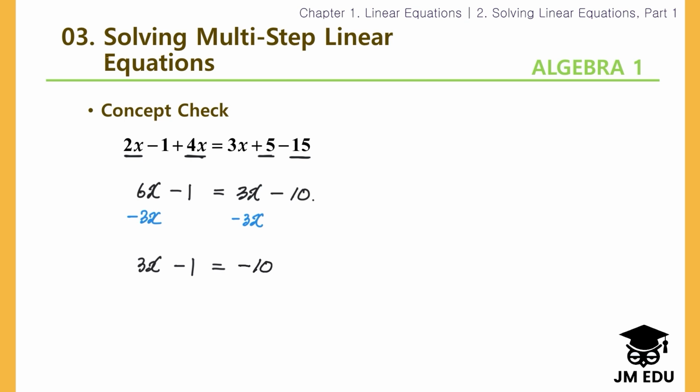Next, I'm going to add 1 to each side to eliminate this minus 1. So on the left-hand side, I have 3x, and that is equal to minus 10 plus 1, that's minus 9, right?